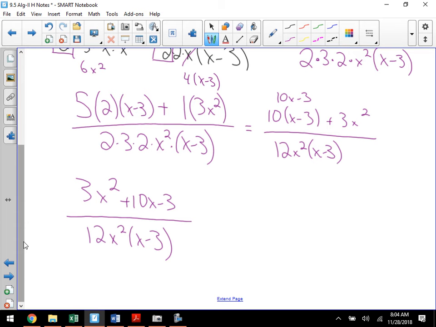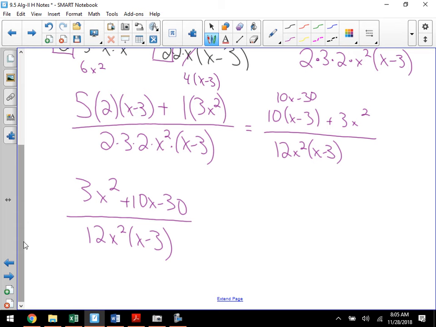Factor that numerator. What times what is negative 9 and you add together to get positive 10? Yes, ma'am. Oh, I missed that. No wonder why it looked weird. Thank you. I didn't notice that. That's why I was like, wait, I shouldn't be able to factor that. Thank you. Yes, I didn't think it was factorable.